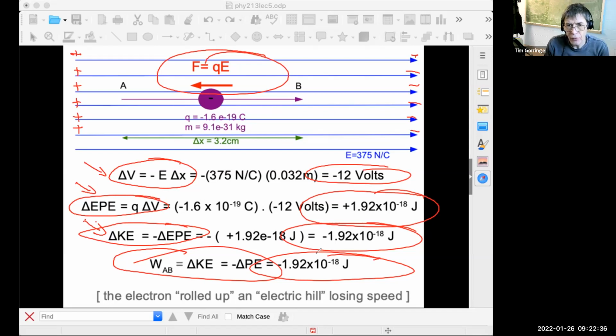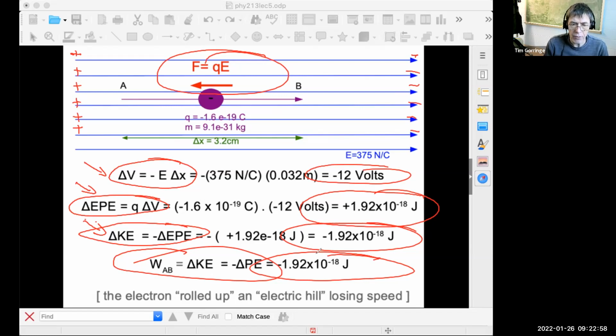Anyway, I hope that problem or illustration might address some of the worries or questions about calculating potential differences, potential energy differences, changes in kinetic energy and work done, and in particular, the signs of those quantities.